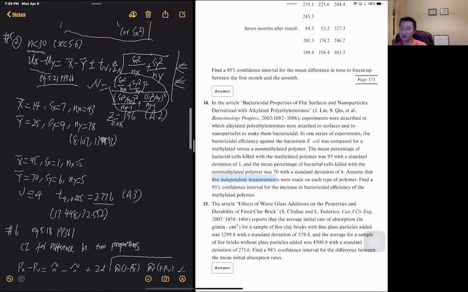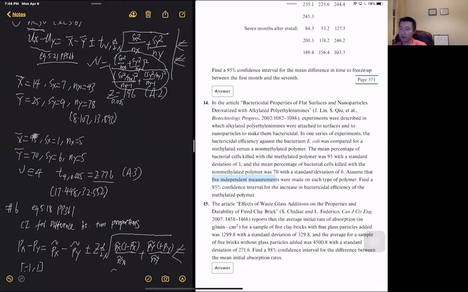Based on the equation, for x we have a mean value of 95, standard deviation Sx of 1, sample size Nx is 5. For y, the mean is 70, standard deviation 6, and sample size is also 5. Based on the equation for the degree of freedom, we calculate the v value.